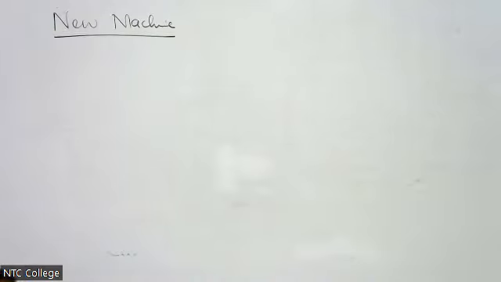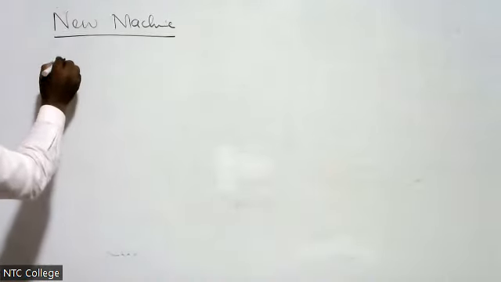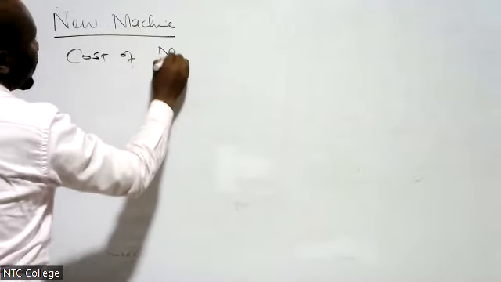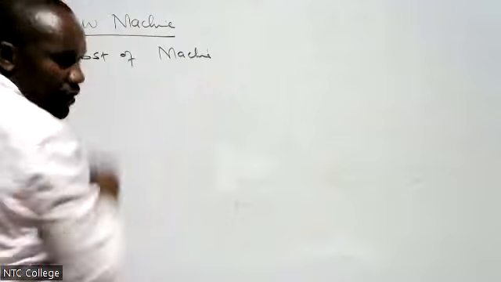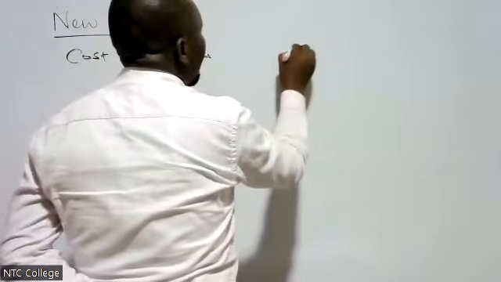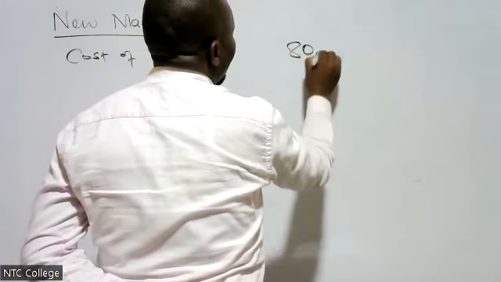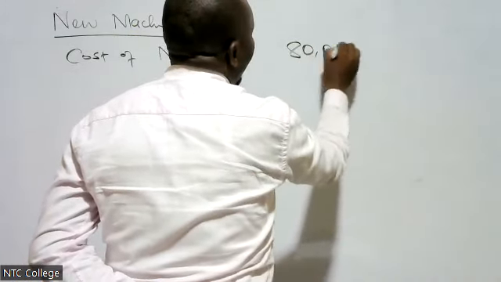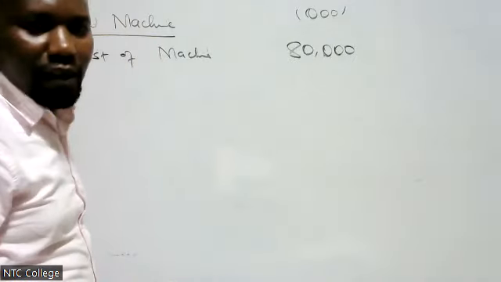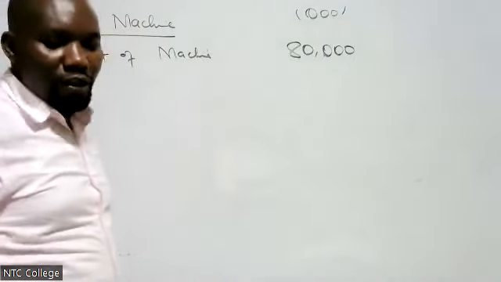So the new machine, the value, or we call the cost of machine. The cost of machine is how much? 80 million, which we can have in thousands. So we can have our figures in thousands. The machine will cost us 80 million to buy.